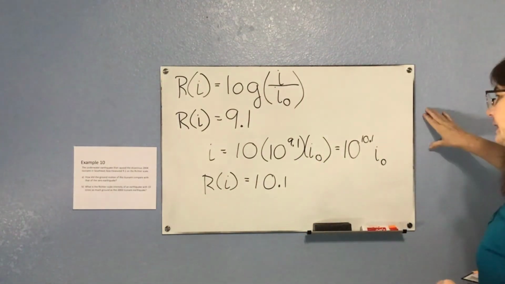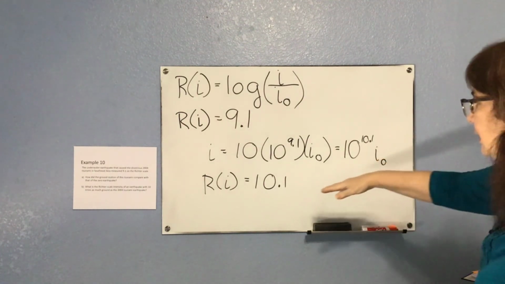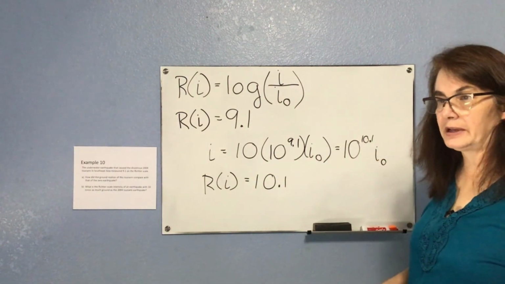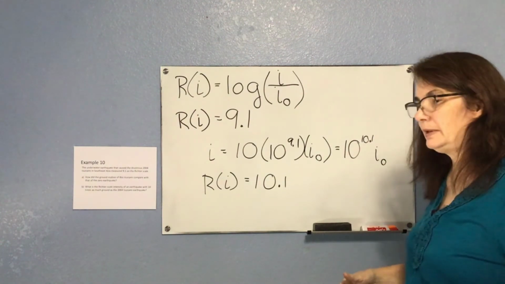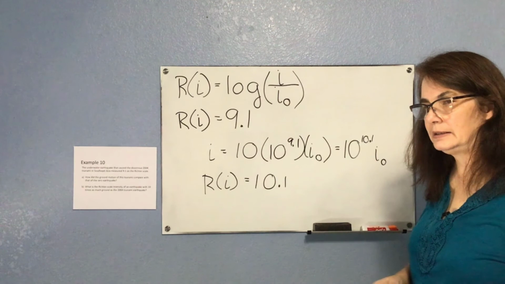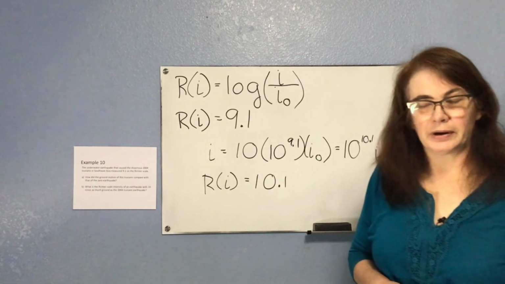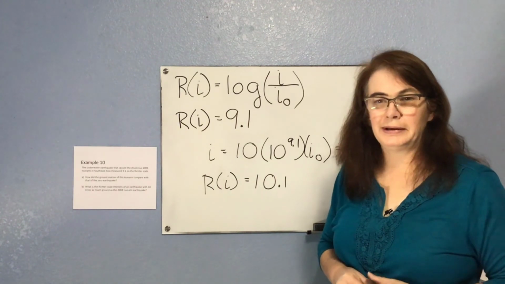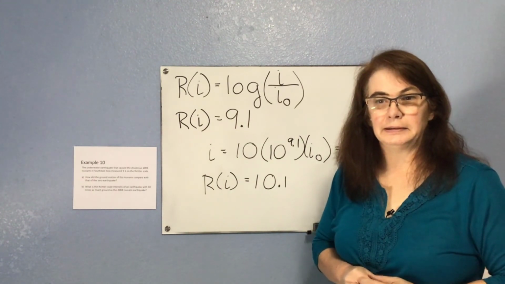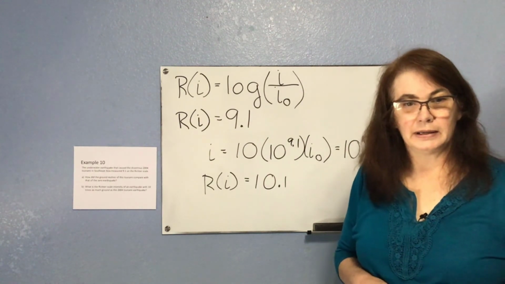So you can see here that going up one number on the Richter scale means the quake is 10 times more intense. And this is why if you talk to people who live in earthquake zones, they'll tell you a 3 is no big deal, but a 5 is 100 times more intense than a 3.